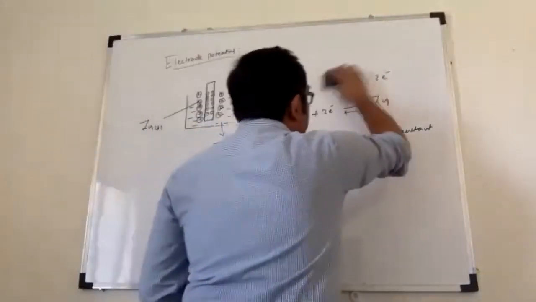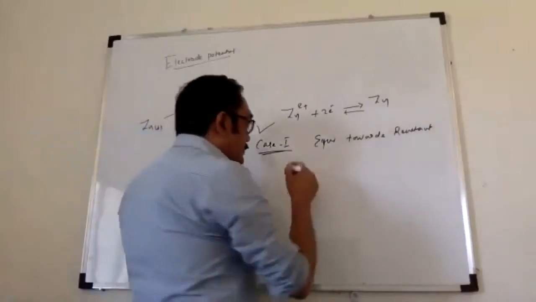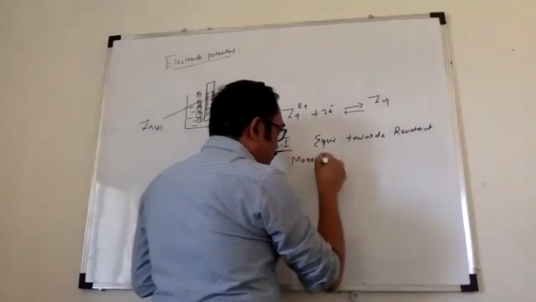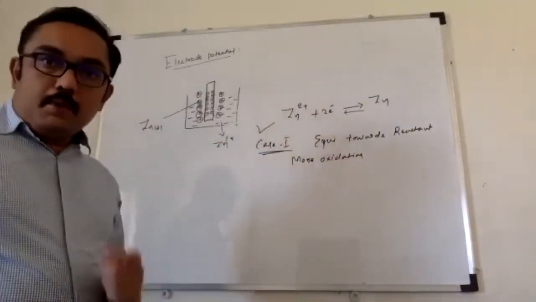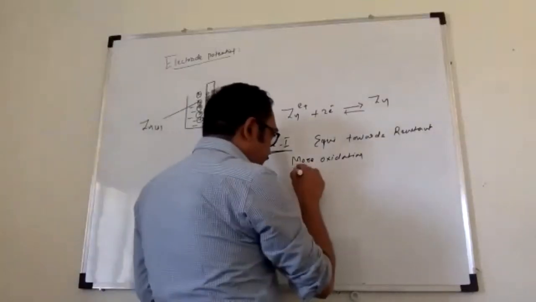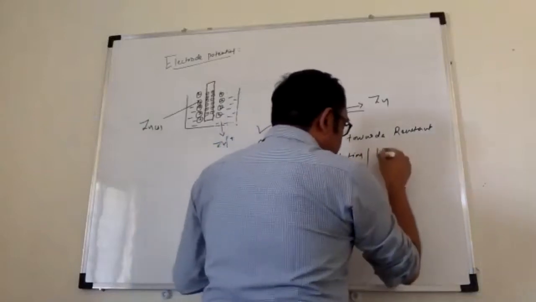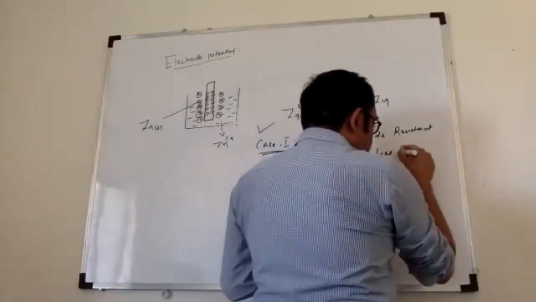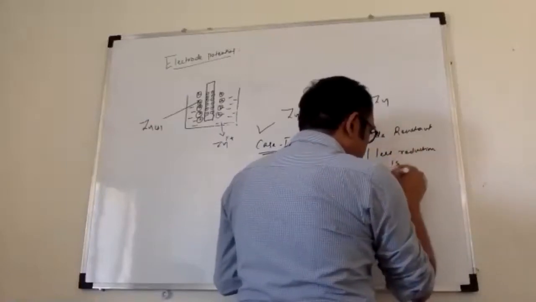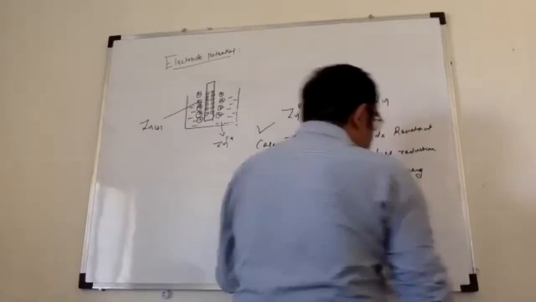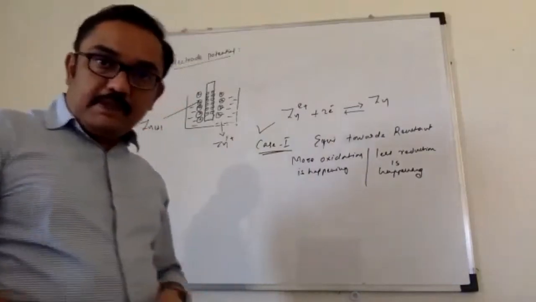If the equilibrium point is towards the reactant side, as one of you said, more oxidation is happening and less reduction is happening.